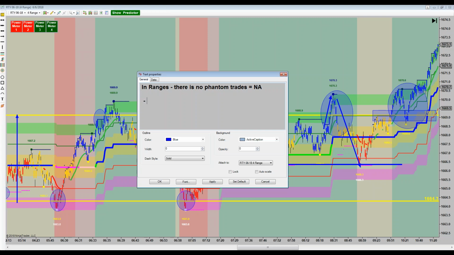So let's put it this way. It's a deep, we used to call it a probe trade, a retracement in the opposite direction of the trend.